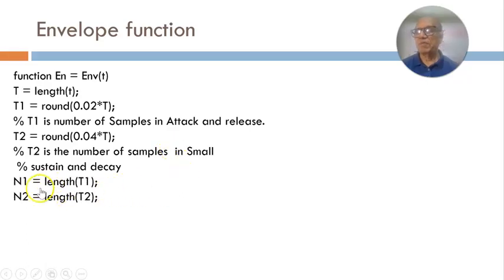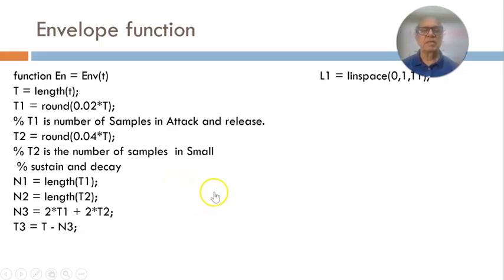So what do we do? We calculate N1, that is length of T1. N2 is the length of T2. Then N3 is 2T1 plus 2T2. So this gives you total number of samples which are used in all phases except the sustain phase. So we now calculate the number of samples in the sustain phase, say T3. So that is equal to T minus N3.